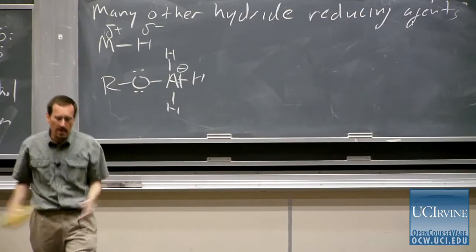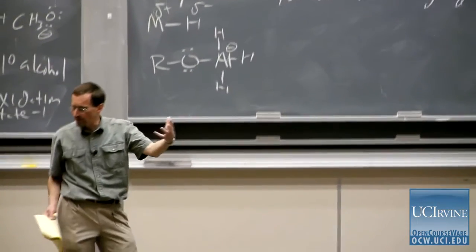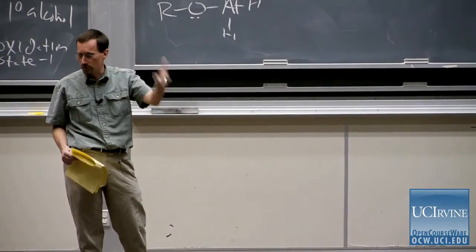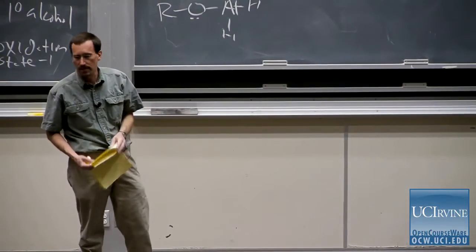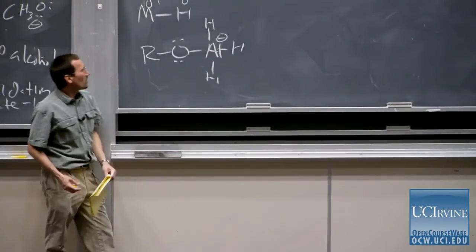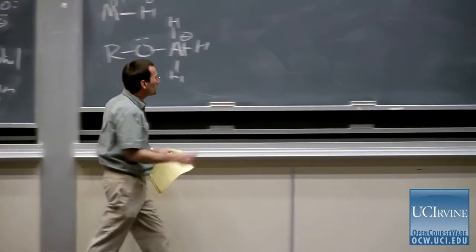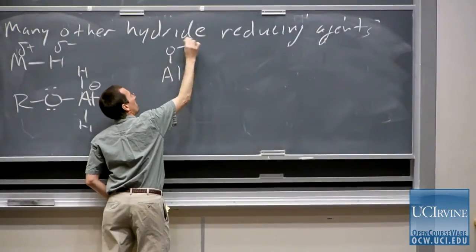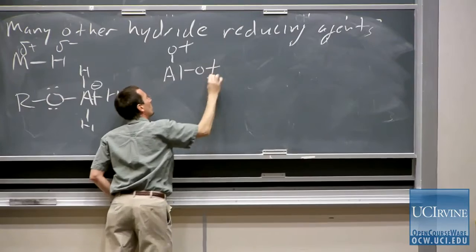That is why you may only use 1 mole of lithium aluminum hydride for 2 moles or 3 moles, up to 4 moles, although typically you wouldn't, of your electrophile, of your carbonyl compound.